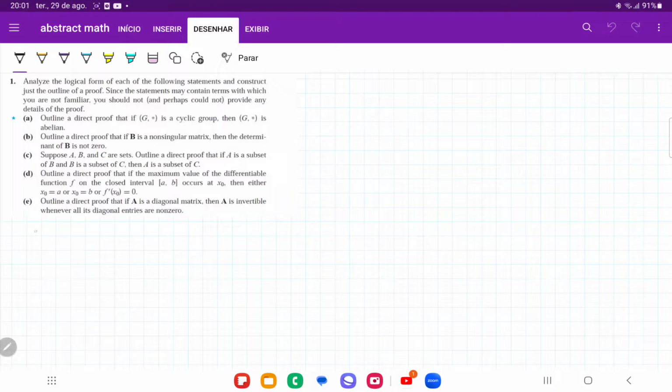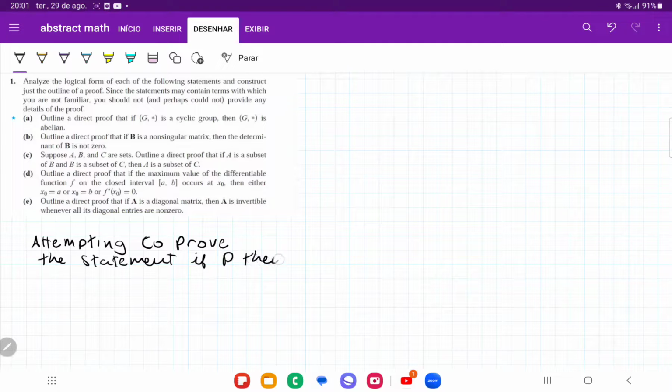So we are attempting to prove the statement if P then Q. The way that we do direct proofs is that we assume that P is true, and then we show that Q must necessarily follow.